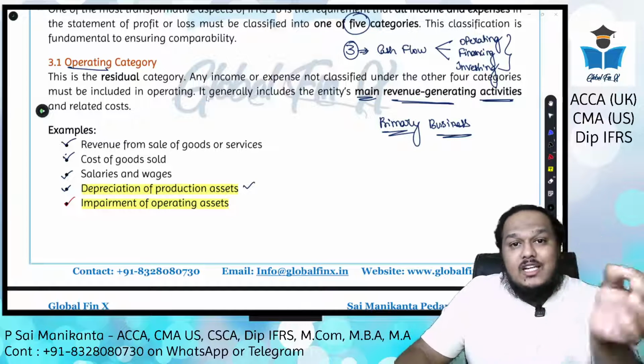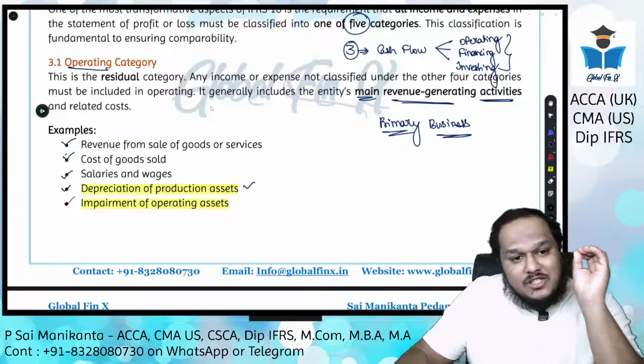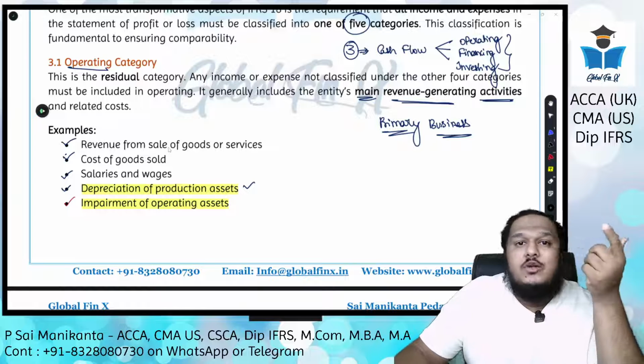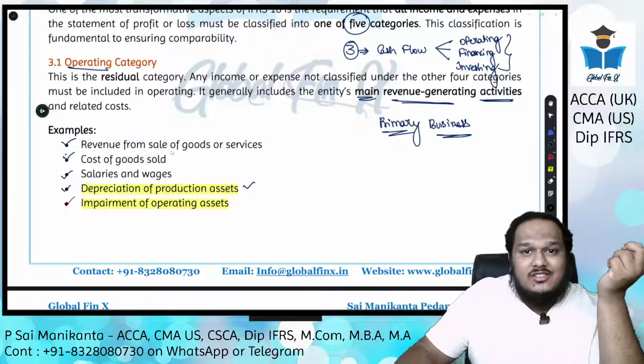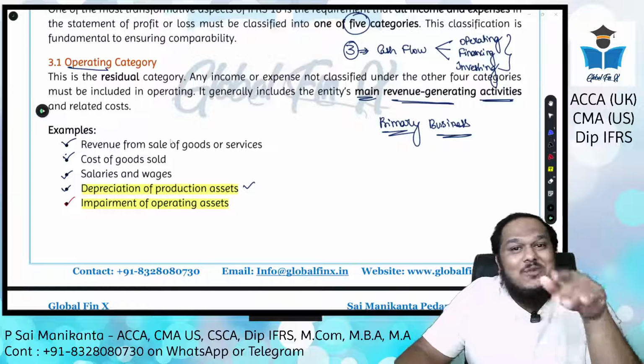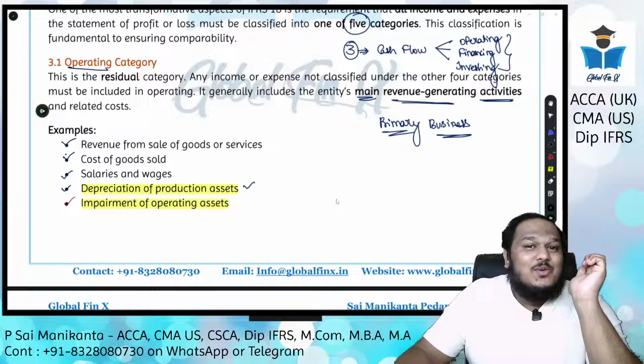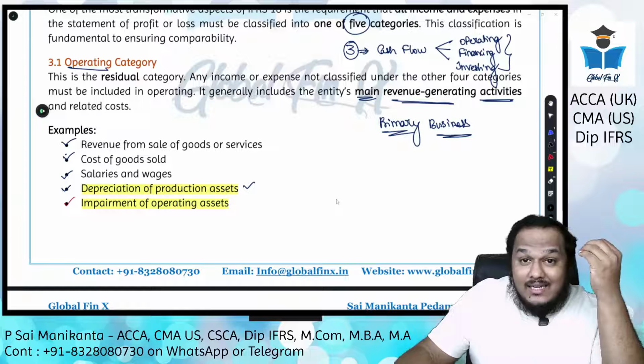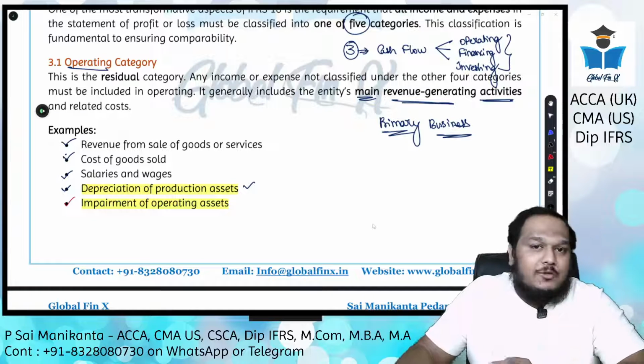Means assets that are used for production, that depreciation will go into operating category. So if you have assets that are not used for operating activities, then that depreciation also should not be in operating activities. That's what I told you. IFRS 18 will give you better understanding and also better guidance on how to present and where to present.